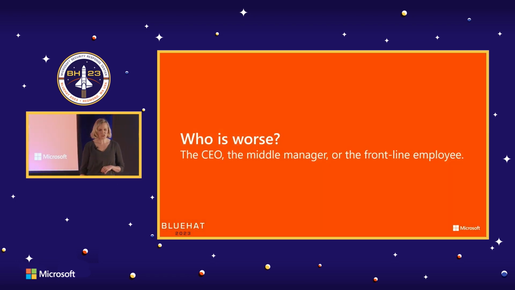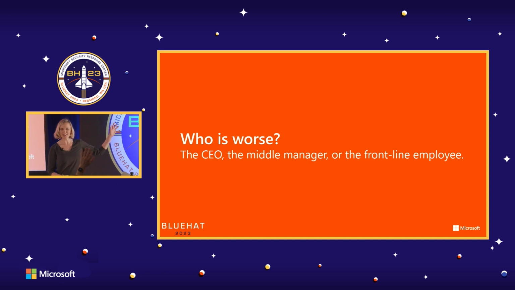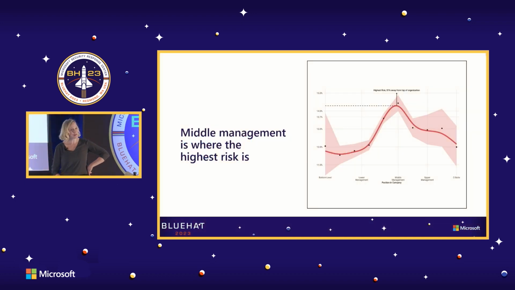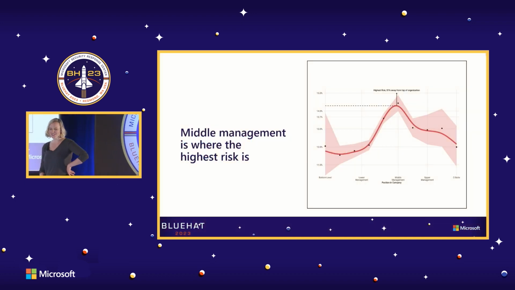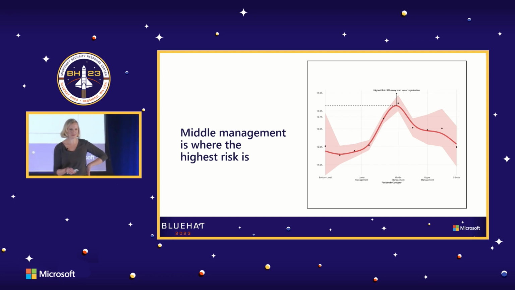Okay, and the last question, who's worse? The CEO or the C-suite, middle managers, or frontline employees? Okay, CEO, raise your hand. Middle managers, frontline employees. All right, you all think middle managers, by the way, and you would be right. If you see this bar chart here, at the bottom level, this is the distance to the C-suite.